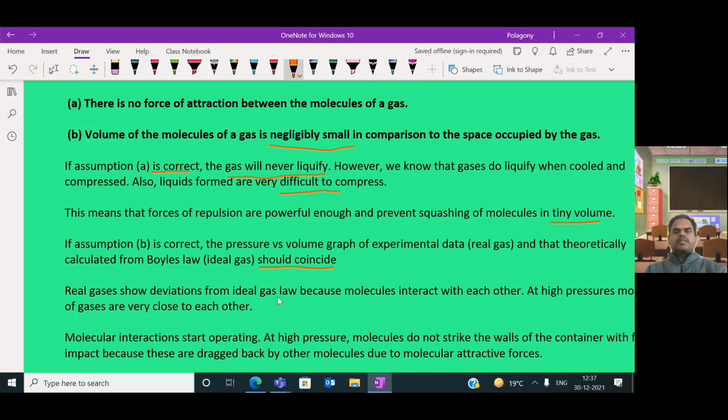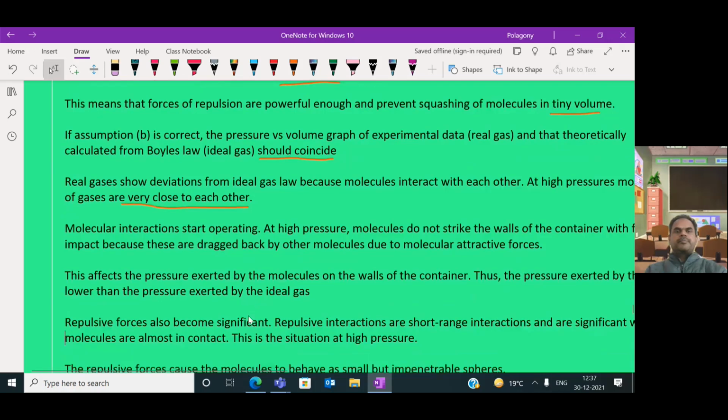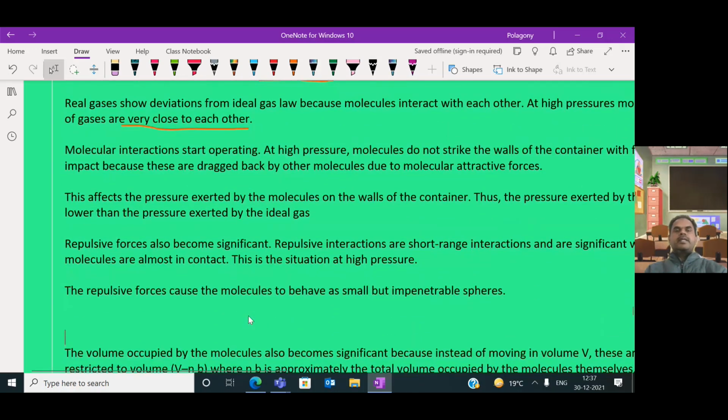The real gases show deviation from the ideal gas law because the molecules interact with each other at high pressure. The molecules of the gas are very close to each other. The molecular interactions start operating at high pressure.